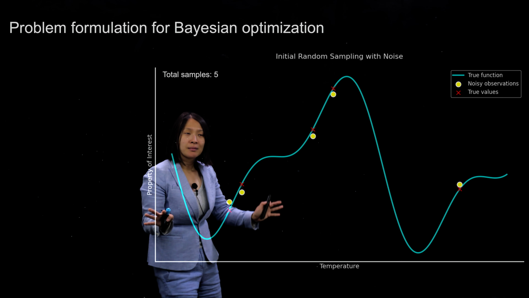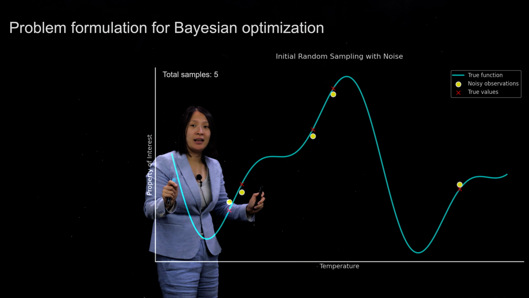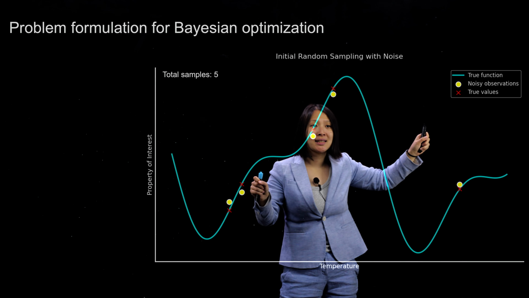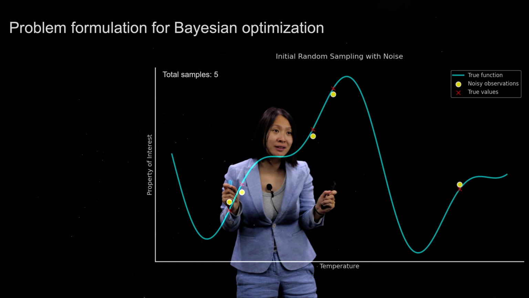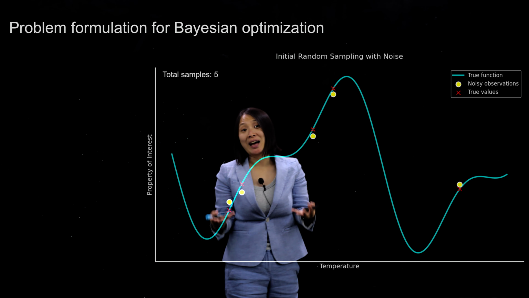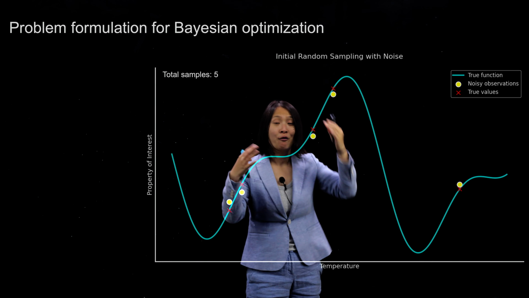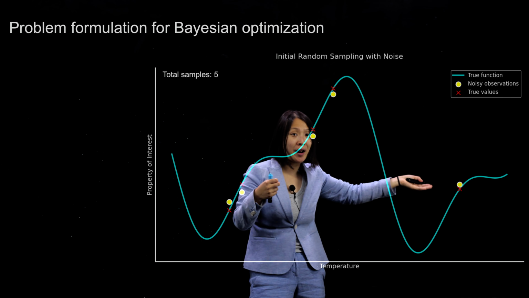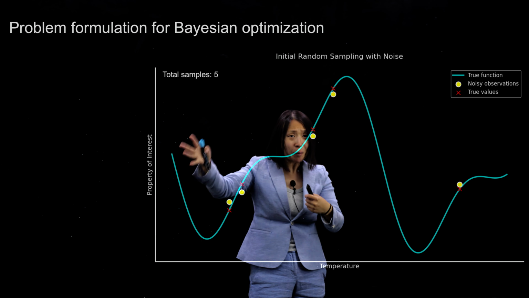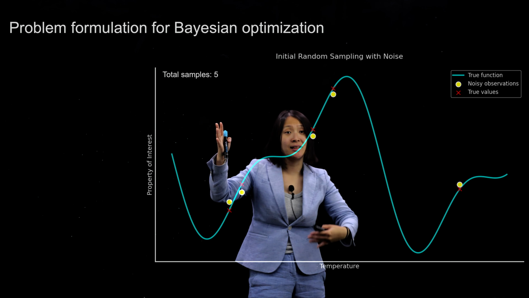So now, let's say we have already taken 5 random points at this stage, and one thing we should notice is that in reality, often our observables can be noisy. Imagine we have a true function describing the relation between our property of interest and the temperature, it's this red cross.